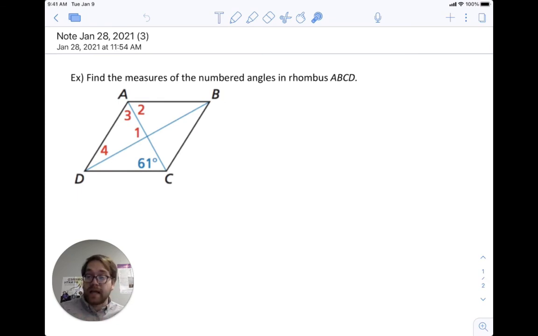Let's start with angle 1. The measure of angle 1 is going to be equal to, what's it going to be equal to? Well, angle 1 is right here. It's at the intersection of those two diagonals. And if you remember from the notes, the diagonals of a rhombus are perpendicular to each other. So if they're perpendicular, that means they're forming a right angle right here.